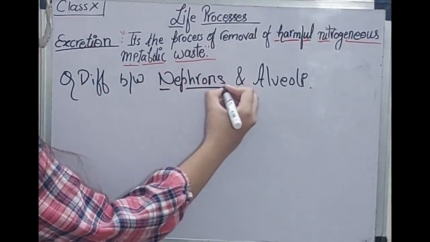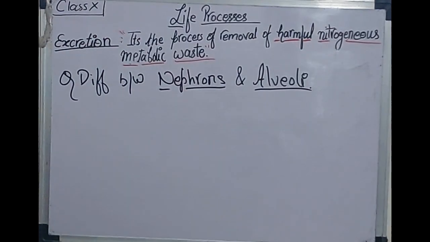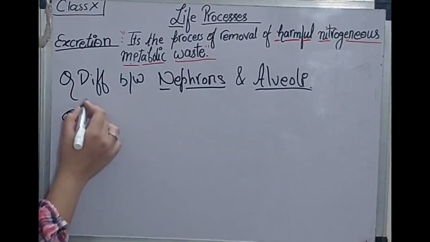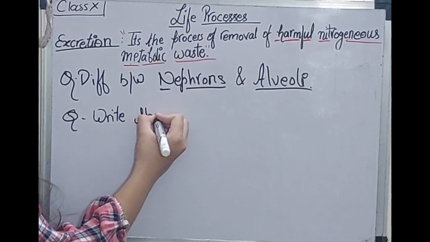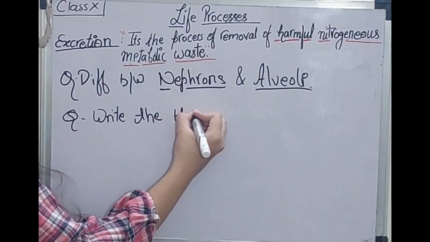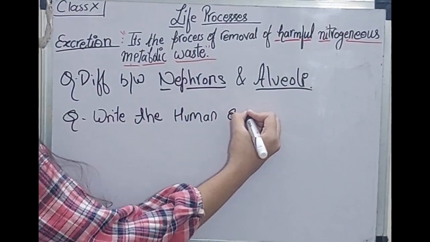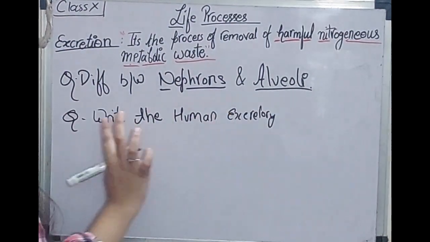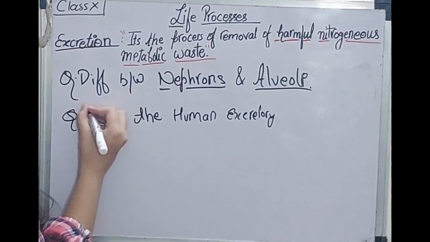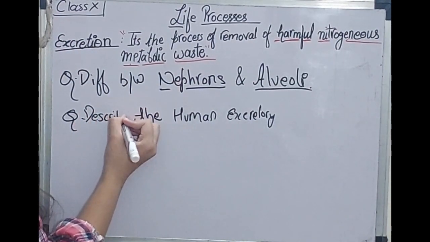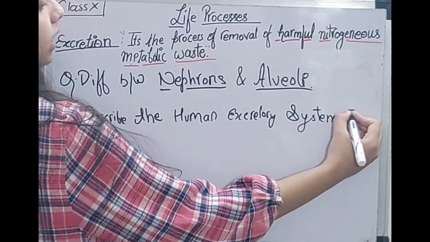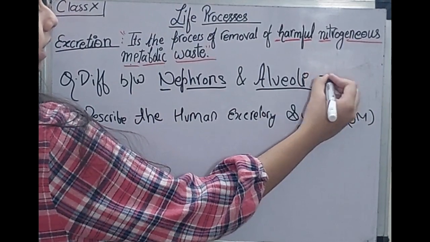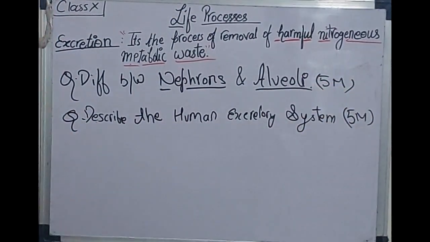Difference between nephrons and alveoli is your homework question, and second is to describe the human excretory system. Write it in such a way that it is a 5 marker, and this is also a 5 marker. So you have to write at least 5 points each.